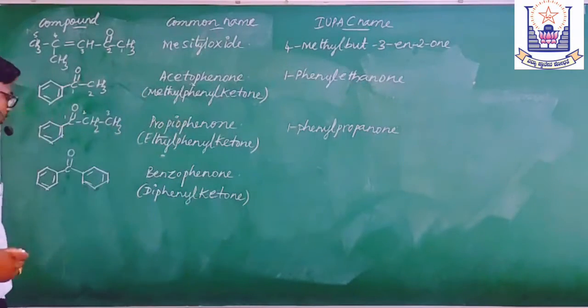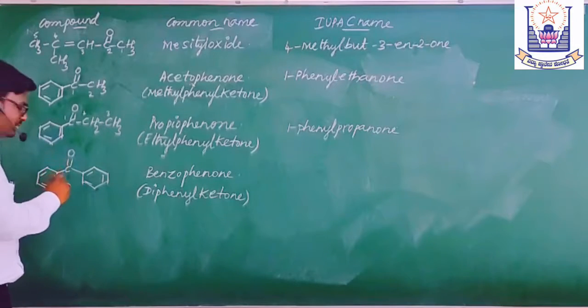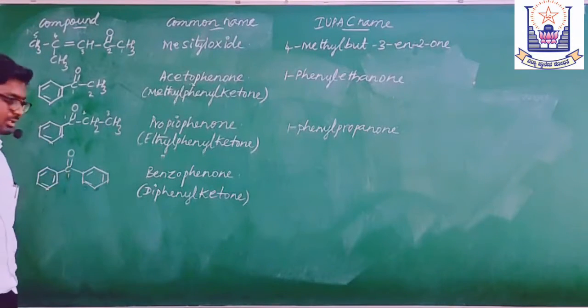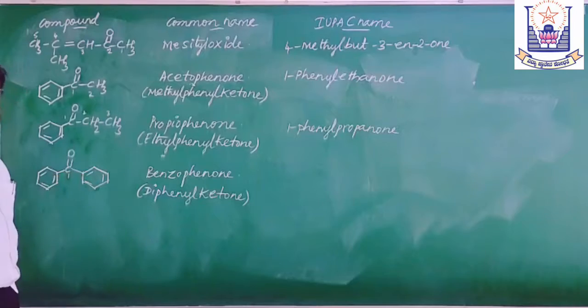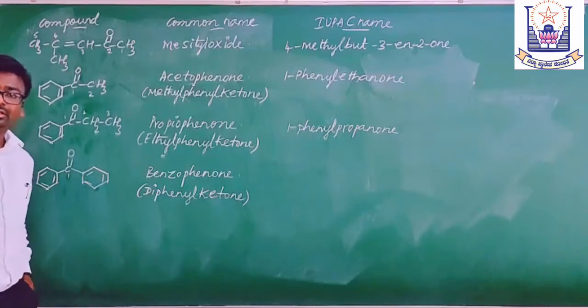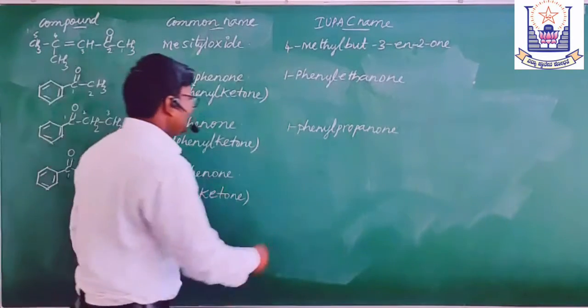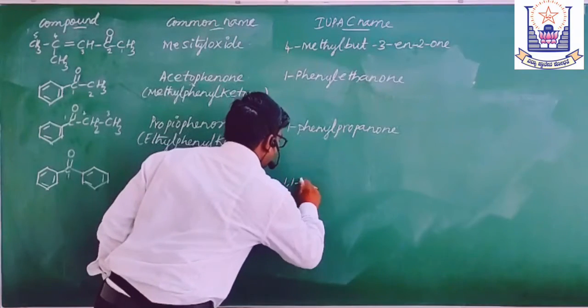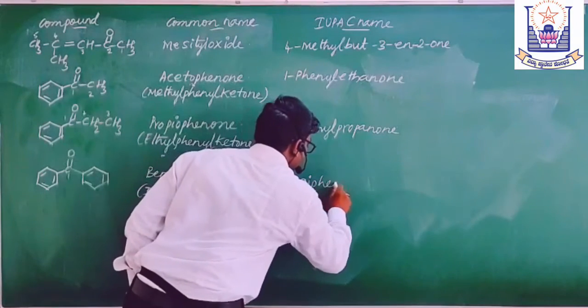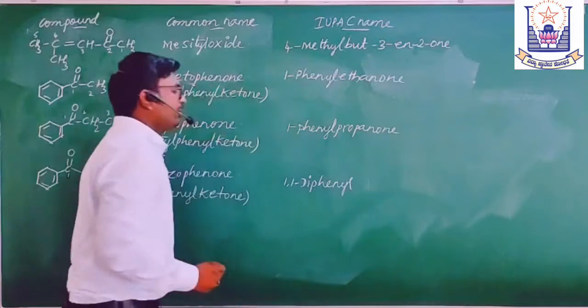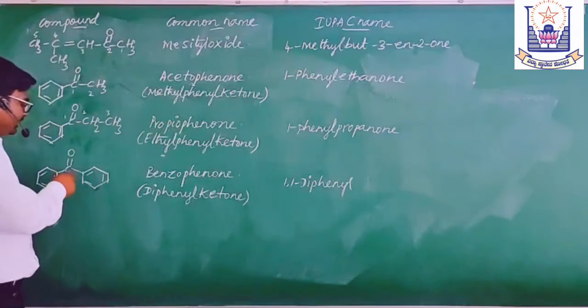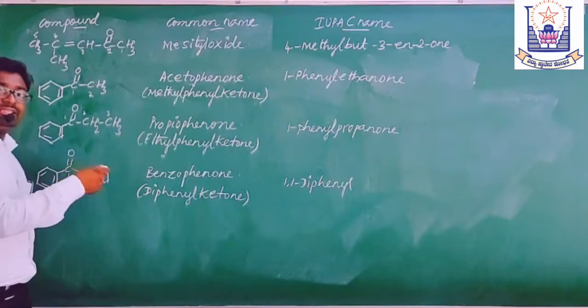Then what is the IUPAC name? See, the open chain has only one carbon. On that carbon, two phenyl groups are present. So we can call this 1,1-diphenyl. How many carbons? One carbon, methane we say.